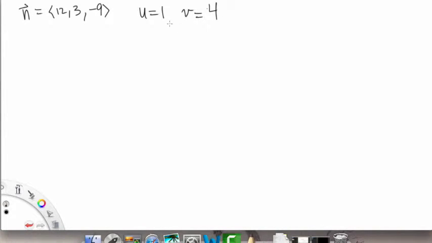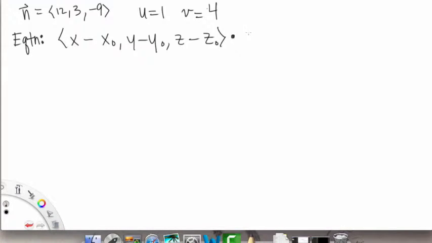You might have learned this in 32A: the equation of a tangent plane is given by x minus x naught, y minus y naught, and z minus z naught, dotted with the normal vector, equal to 0.